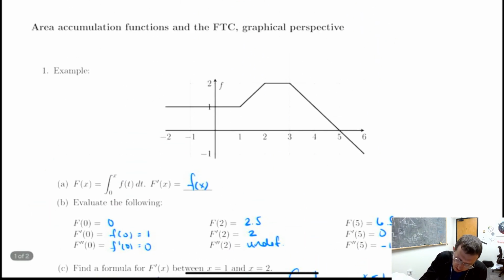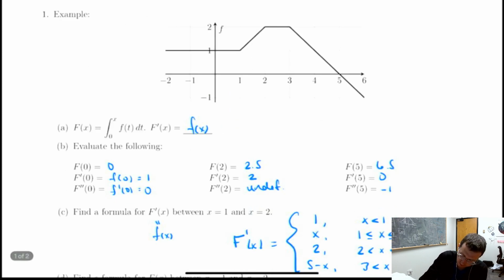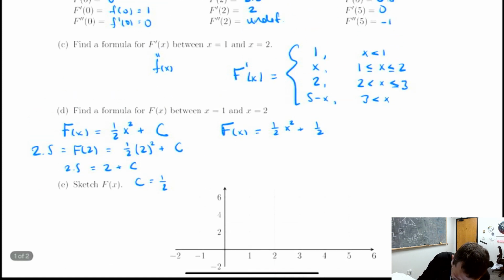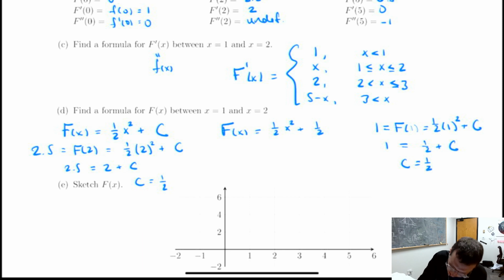I also know that capital F of 1 is 1. So if I used that instead, I'll get 1 equals 1/2 plus c. So once again, c is 1/2. Of course, I have to get the same answer.